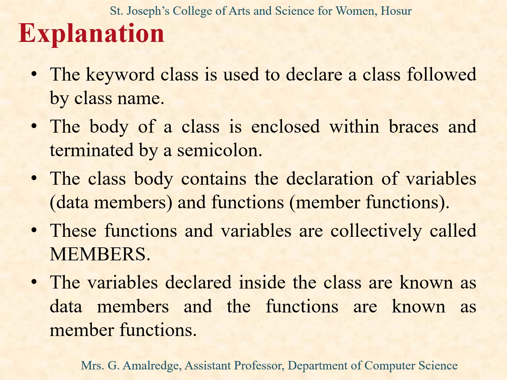The keyword class is used to declare the class and is followed by the class name. The body of the class is enclosed within braces and terminated by a semicolon. The class body contains the declaration of variables, that is data members, and functions, that is member functions. These functions and variables are called members of the class.